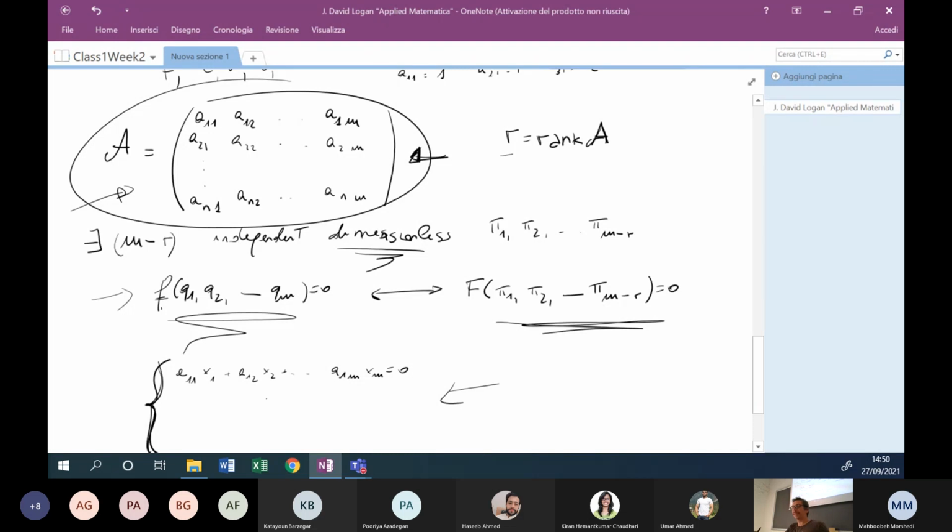So the fact that my matrix A has rank R tells me that this system has exactly m minus r independent solutions.